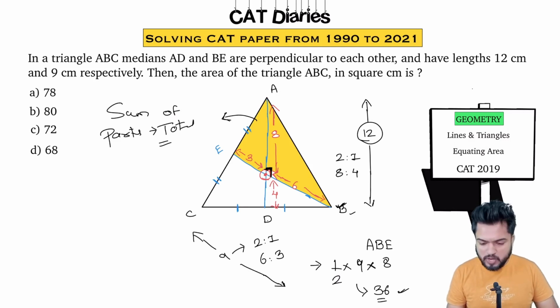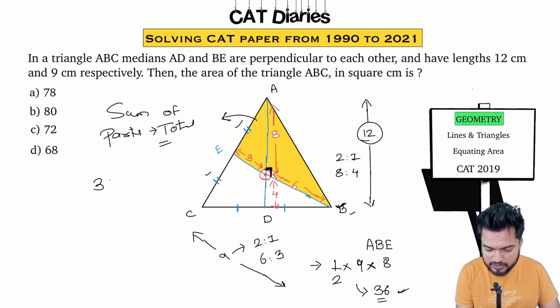So this triangle is divided into two equal triangles. If the area of one is 36, the area of the other would also be 36. 36 plus 36, the area of the big triangle, will be equal to 72. Okay, option number C is your answer to this question.